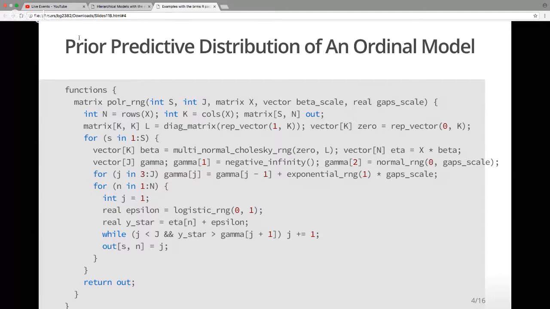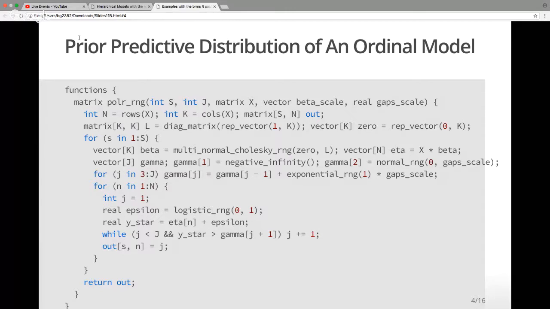This setup is often called a proportional odds model, because a difference of 1 unit on one of the predictors among people who are otherwise the same is going to have the same effect on the log odds, irrespective of what J is.